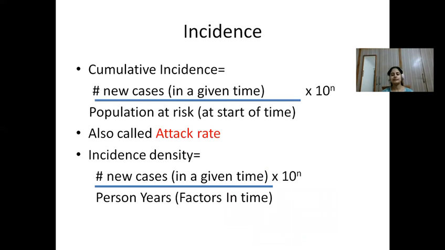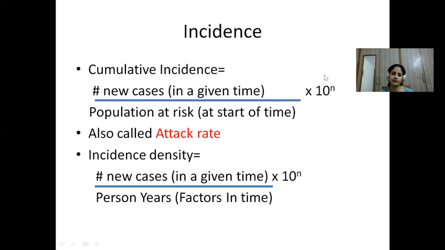So incidence is the number of new cases at a given period of time. The term that is used is cumulative incidence. So cumulative incidence is the number of new cases in a given time divided by the population at risk at the same period of time, usually taken at the start of the time. And this is multiplied by a multiplier that is 10 to the power n.